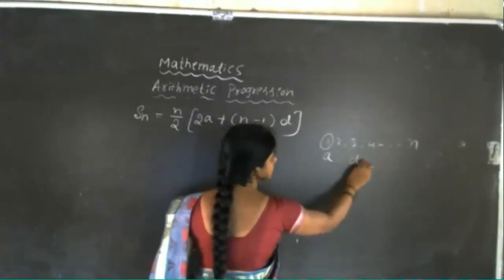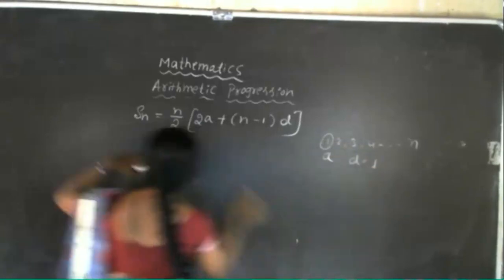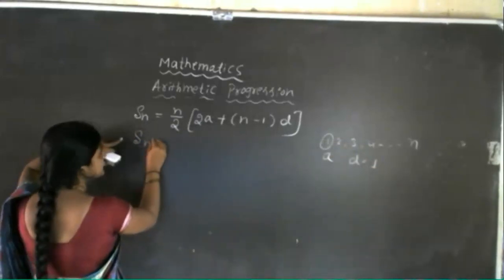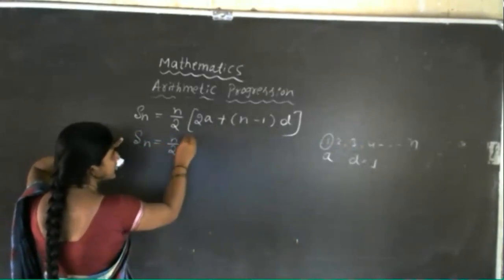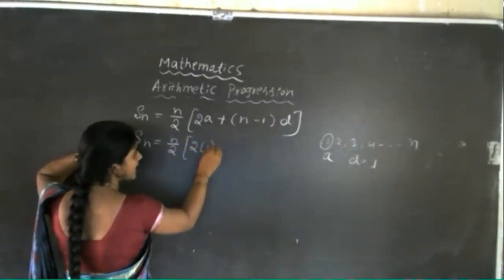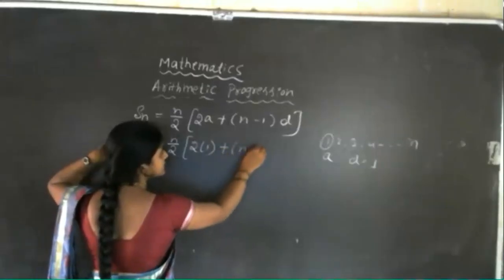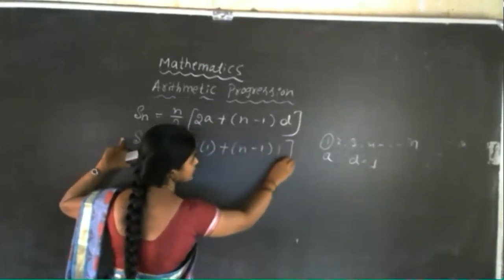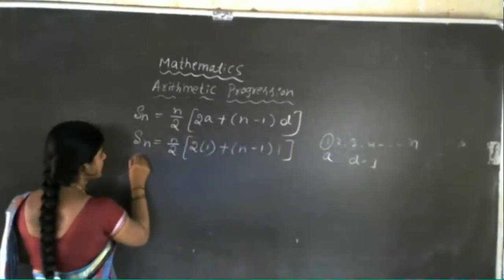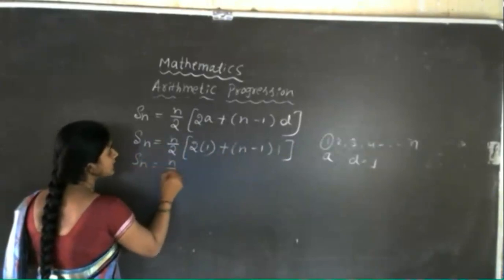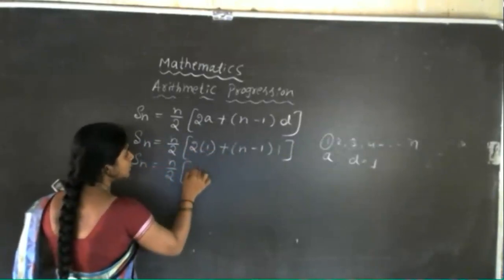Then the difference is 2 minus 1, which is 1. Just substitute that. n is n only because we don't know n. n by 2, 2 into a value is 1, then n minus 1 into d is 1. So now next step, Sn is equal to n divided by 2, 2 into 1 is 2.